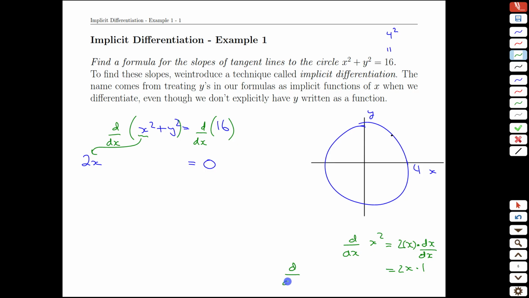When we do the same thing with y, though, it's going to be a little different. To highlight the difference here, if we had the derivative of y squared with respect to x, what we think of is y is a function of x.